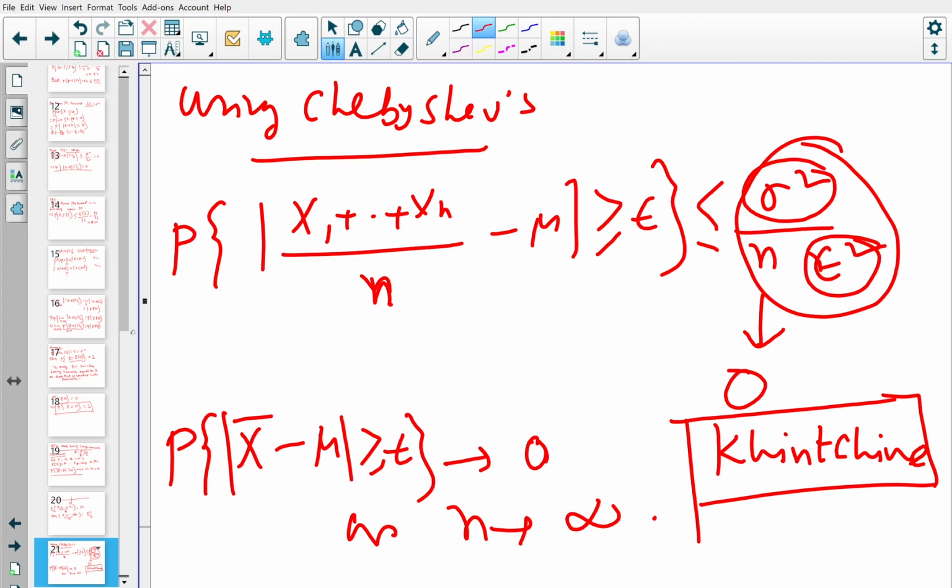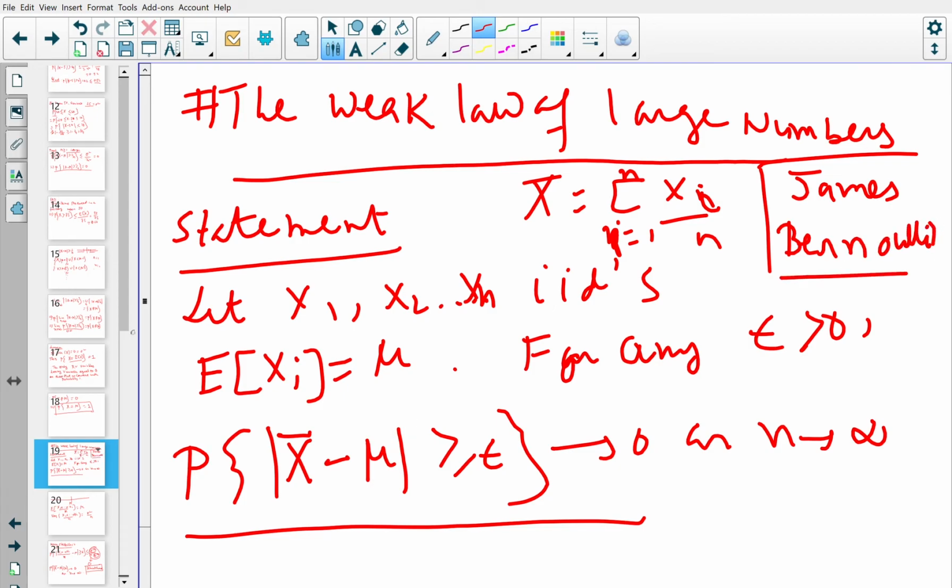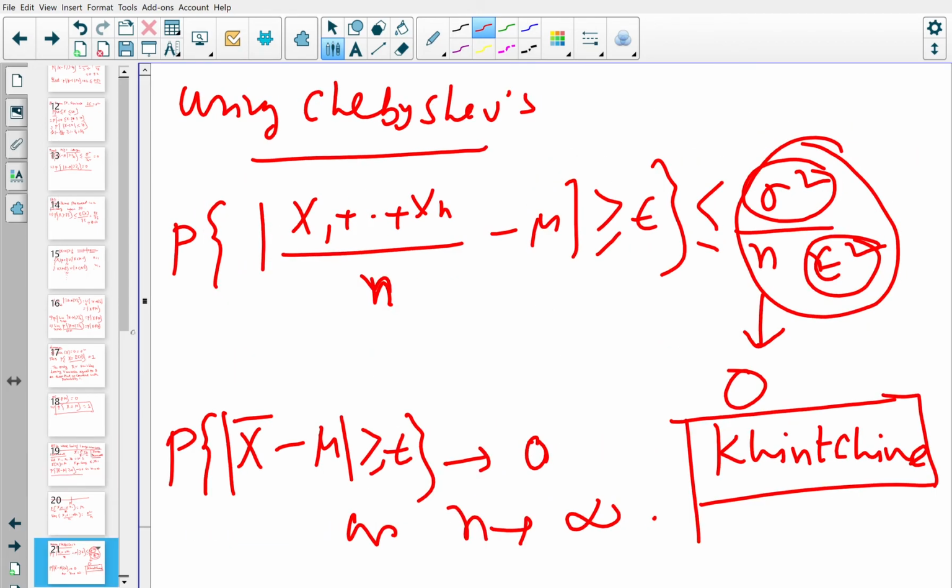The original proof was due to James Bernoulli. The Bernoulli family has lots of mathematicians. I told you in class, Jacob Bernoulli, Daniel Bernoulli, all in the same family. So the original proof is due to James Bernoulli, but we discussed the proof by Khinchin.